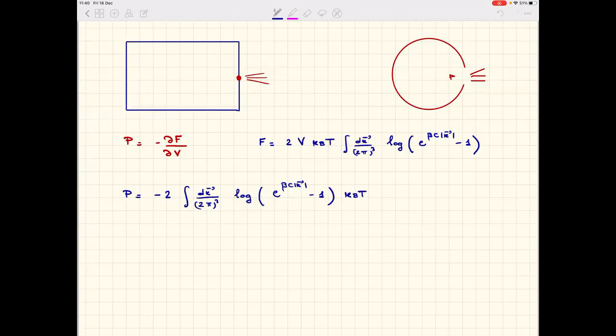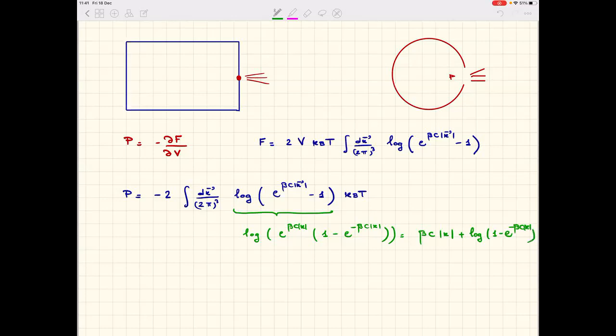Now it's convenient to rewrite this log as the log of e to the beta ck times (1 minus e to the minus beta ck), which is equal to beta c absolute value of k plus log of (1 minus e to the minus beta ck).